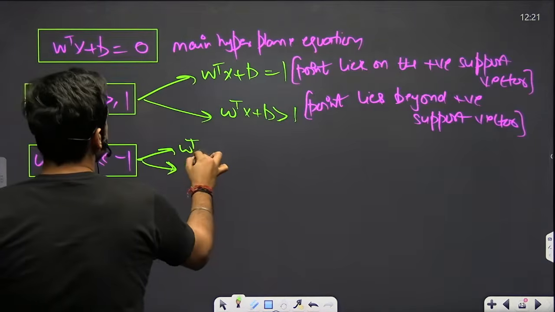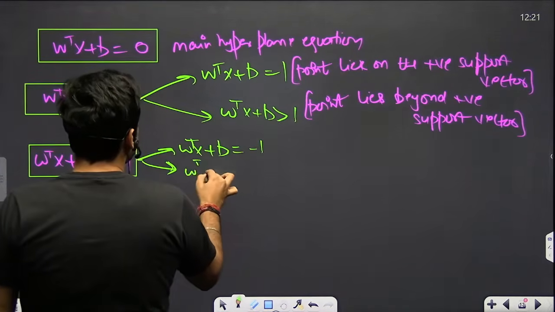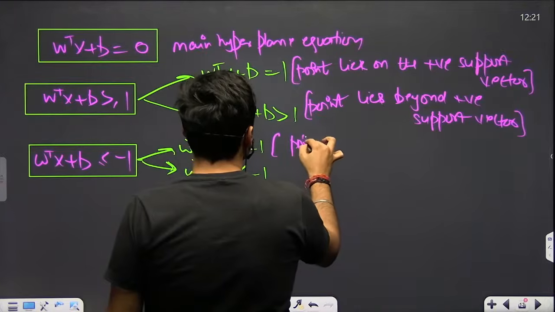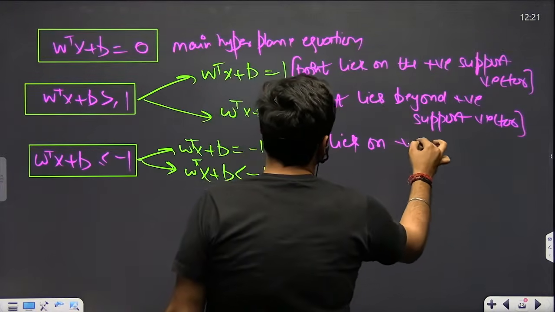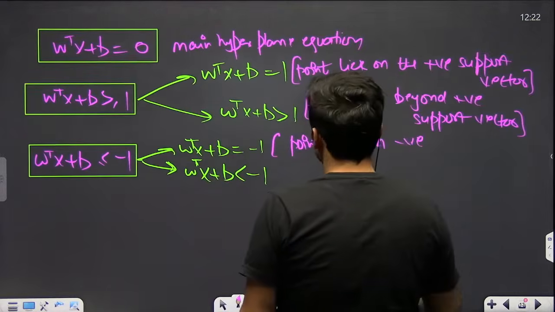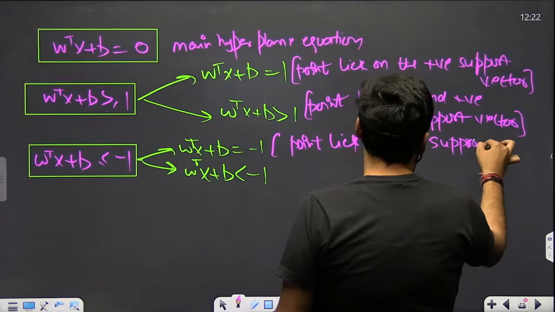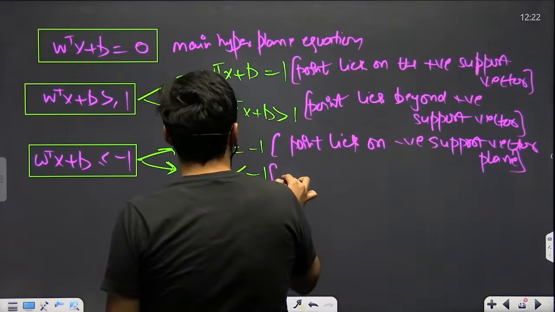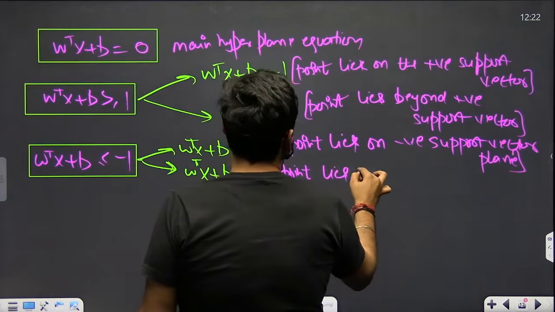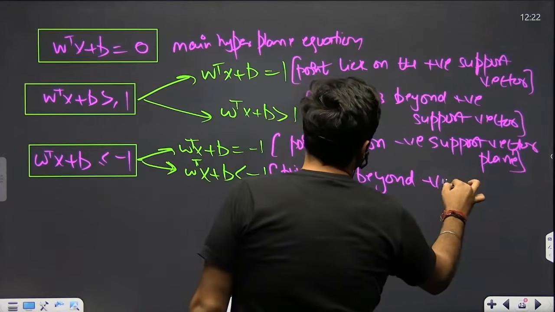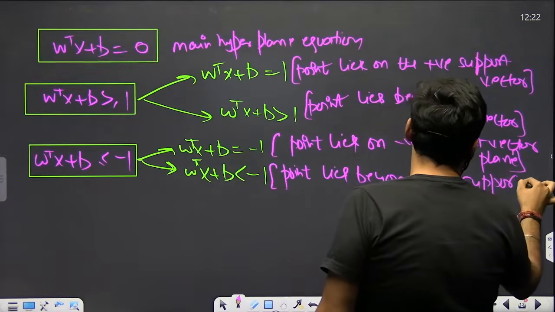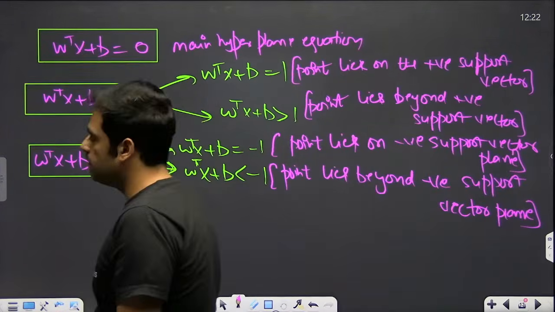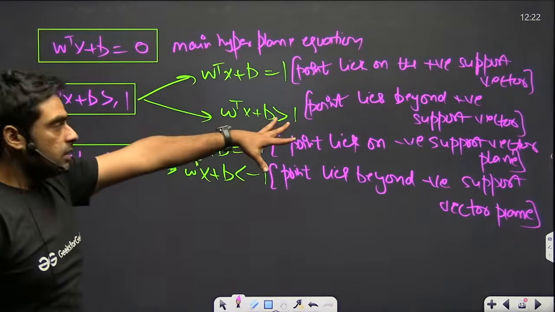If weight transpose into x plus b equals minus 1, the point lies on the negative support vector plane. And if weight transpose into x plus b is less than minus 1, the point lies beyond the negative support vector plane. So guys, just write this.